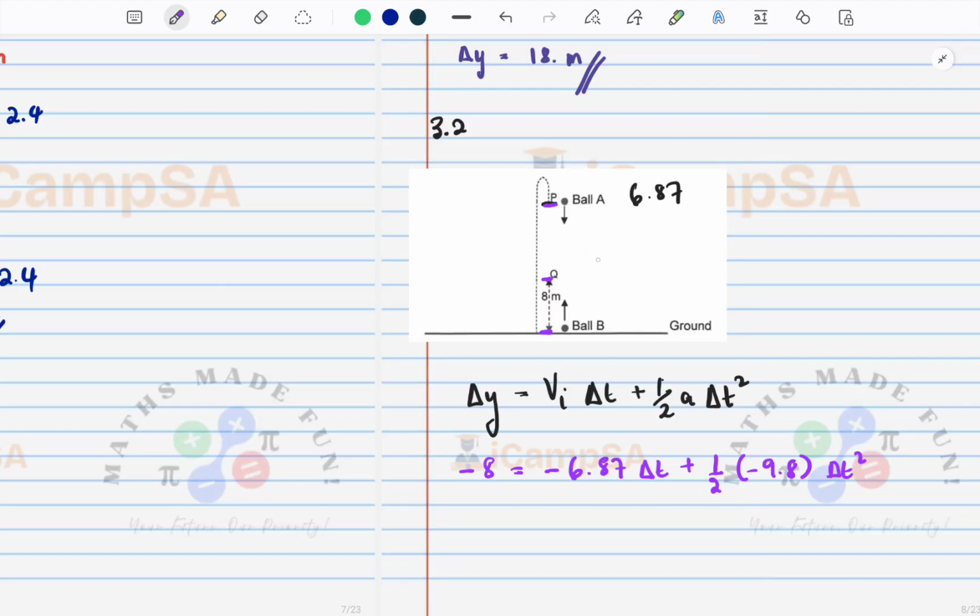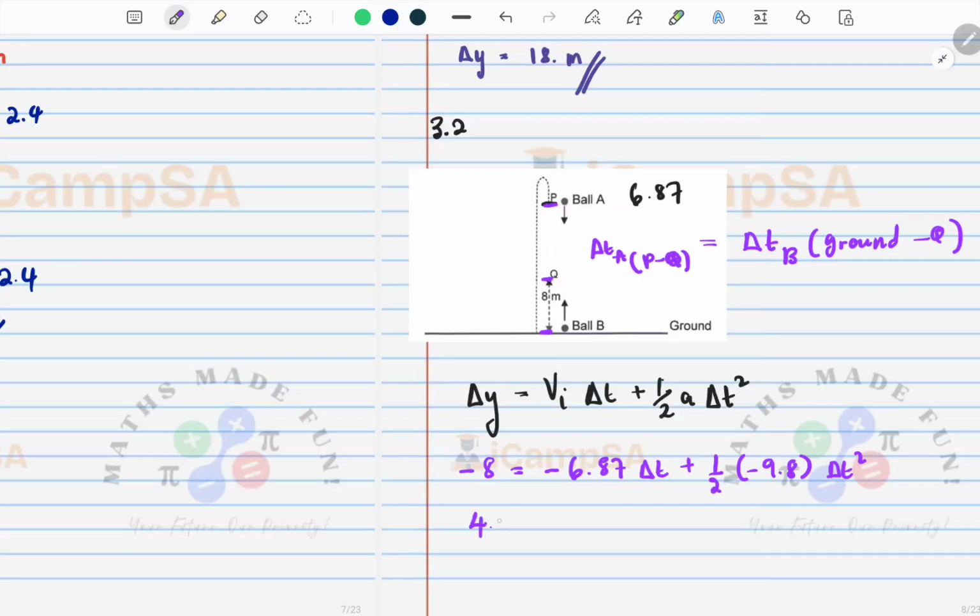So the delta t for A from P to Q should be equal to the delta t for B from the ground to Q. It should be the same because they pass each other. So we need to know what time that is. Then you can just use your quadratic formula.